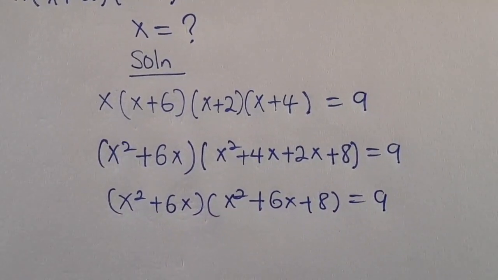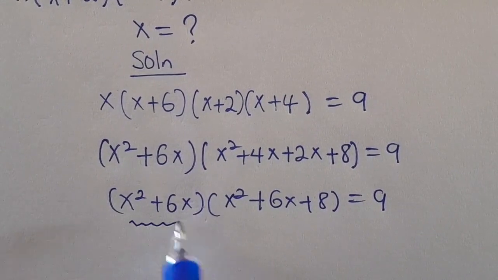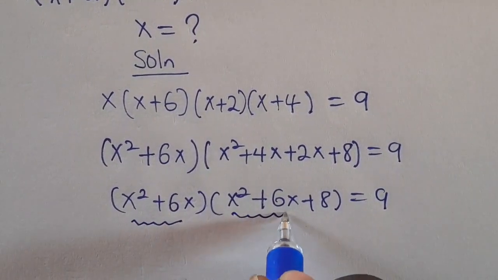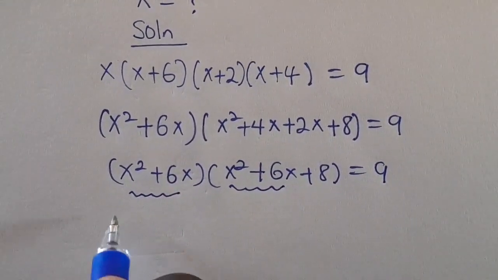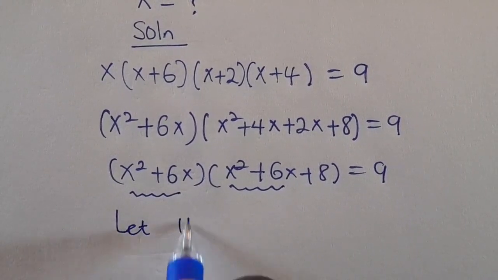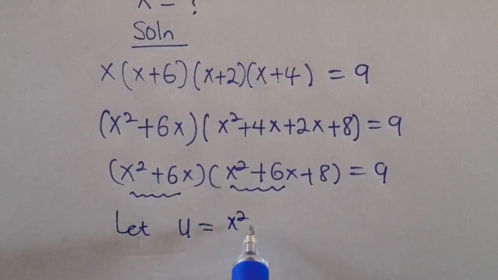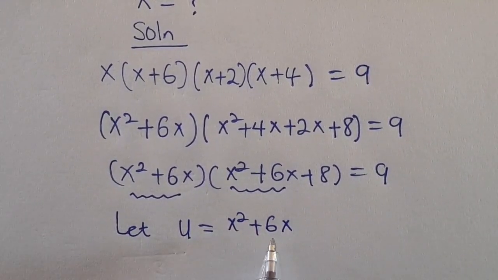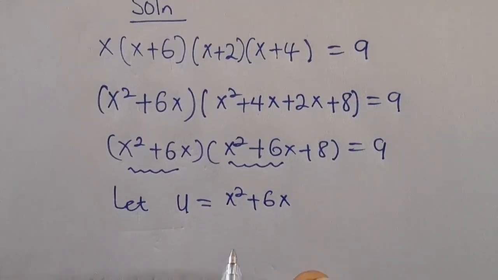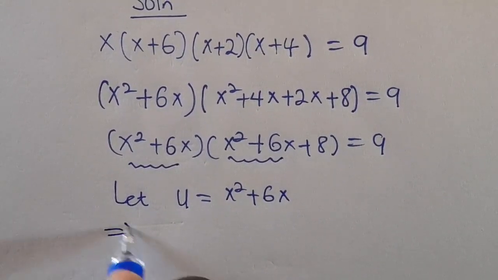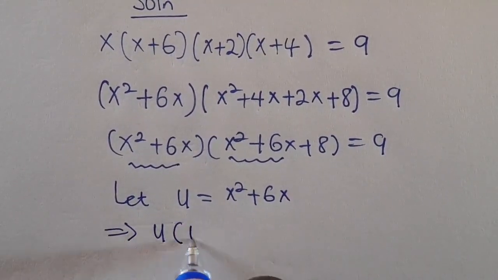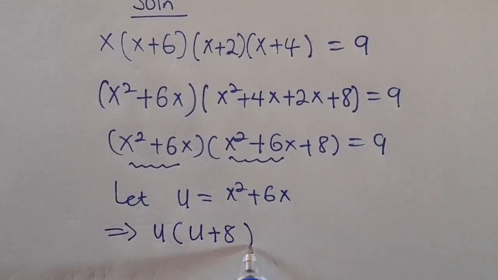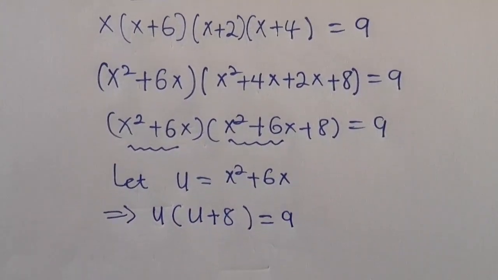So now guys, we have this and this to be common, so we can say let u equal x squared plus 6x. From the above we can easily have u times (u + 8) equals 9.